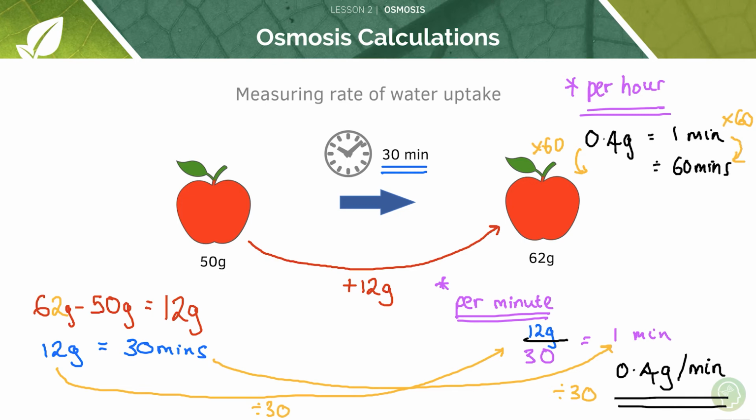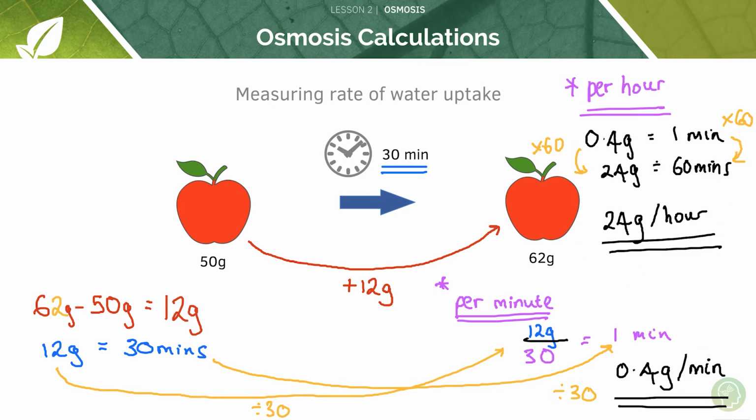So 0.4 grams times 60 would be 24 grams. So therefore we're saying that the rate per hour would be 24 grams water uptake per hour. Okay? So that's really, really simple. All I've done to go from here to here is multiply by 60.